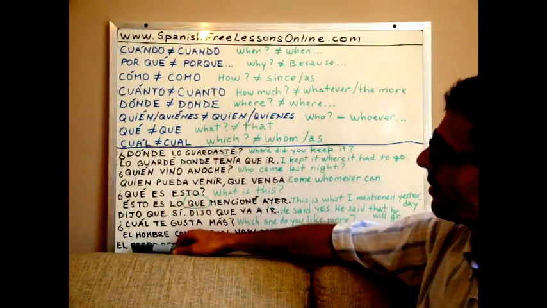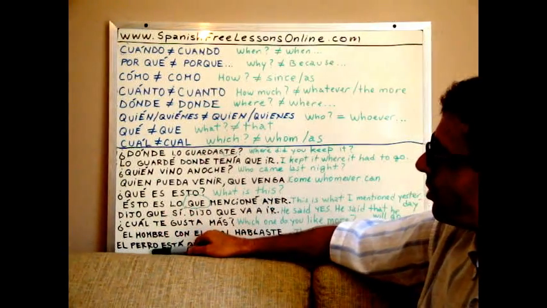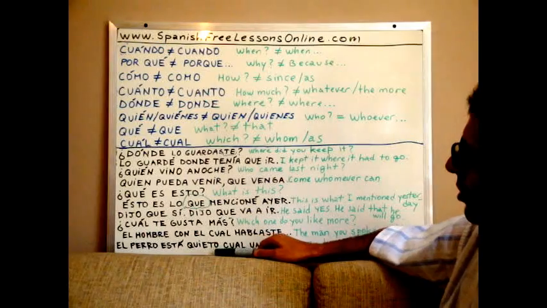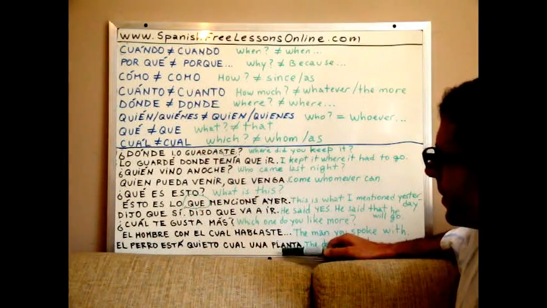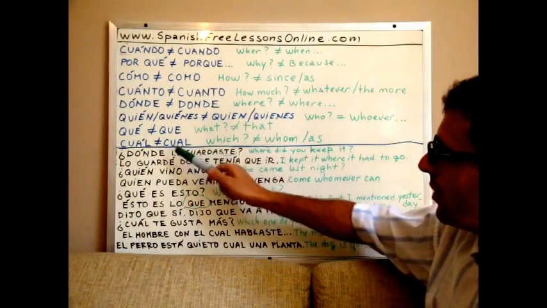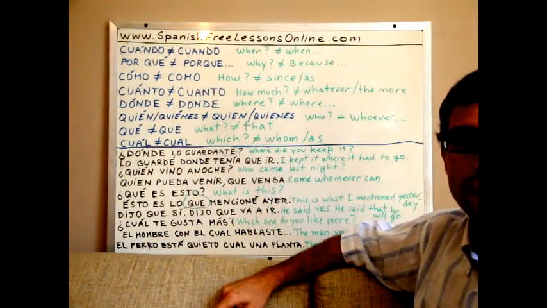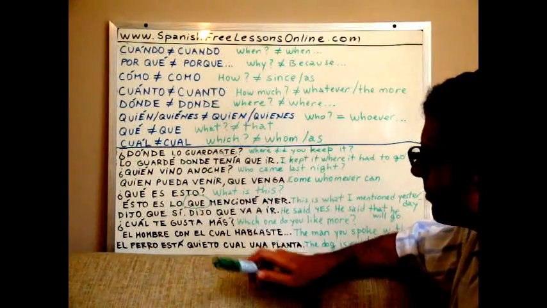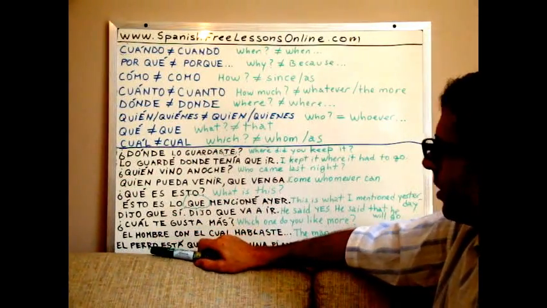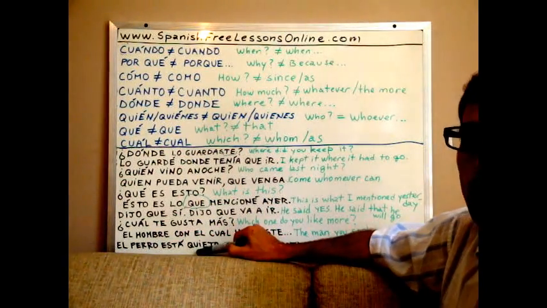Another case is el perro está quieto cual una planta. In this case, cual without the tilde means as, right? So, perro is dog. Quieto means quiet.